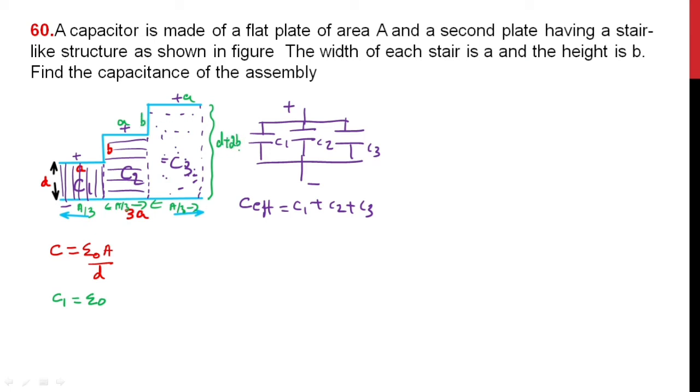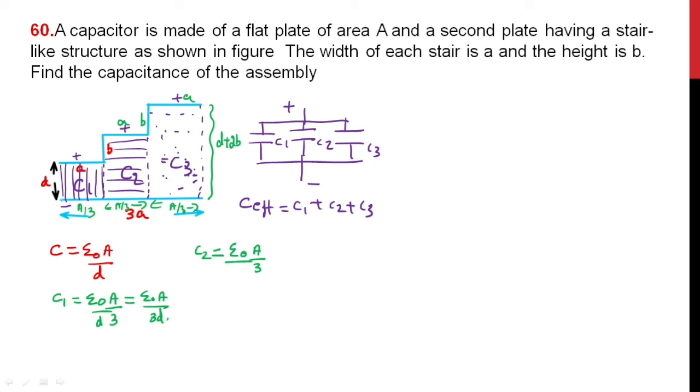Now substitute the values: epsilon 0 times A by 3 divided by D. So we got the capacitance C1 equal to epsilon 0 A divided by 3D. In the same way, C2 is epsilon 0 times area A by 3 divided by the distance.